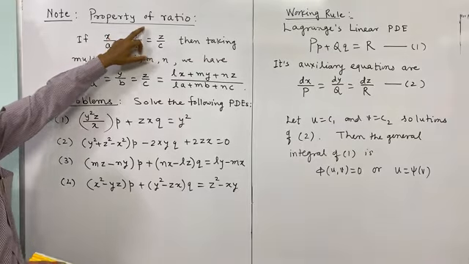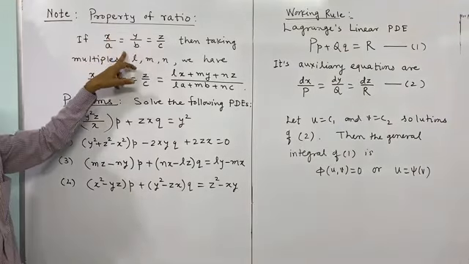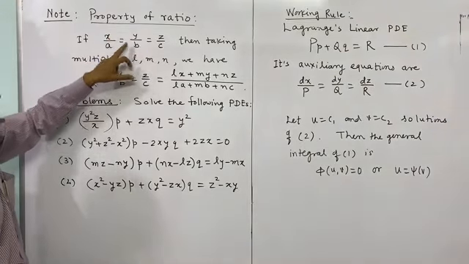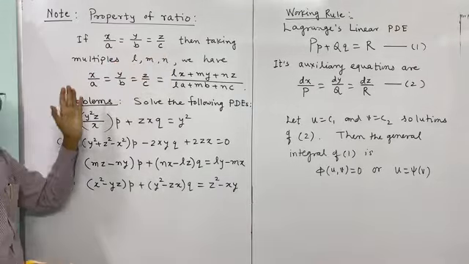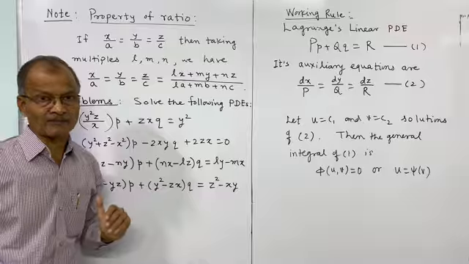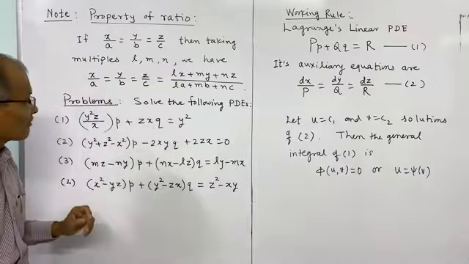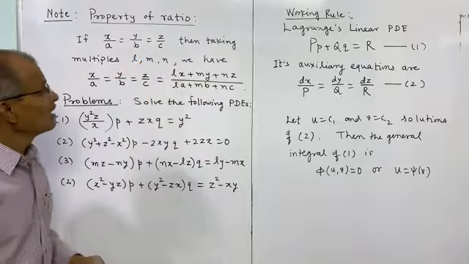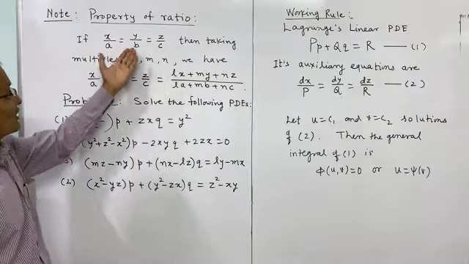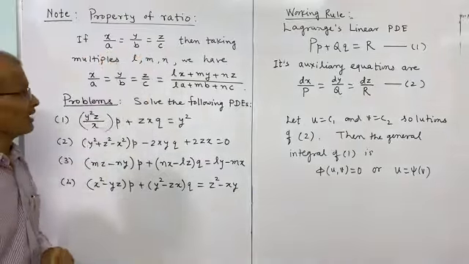Now if x upon a is equal to y by b is equal to z by c, then we can take multipliers L, M, N. L, M, N are real numbers, or maybe variables, multiples of x, y, z, or any multiple of a, b, c.